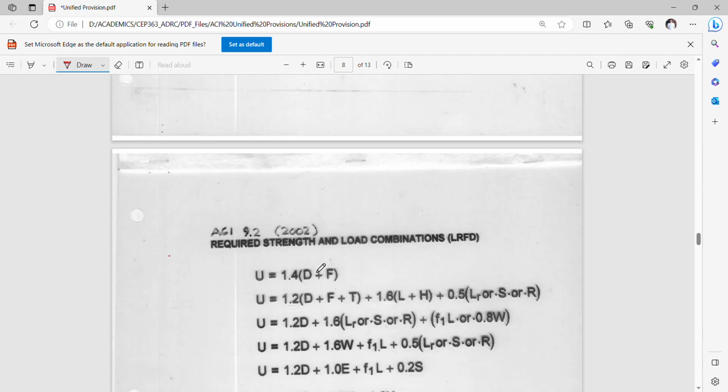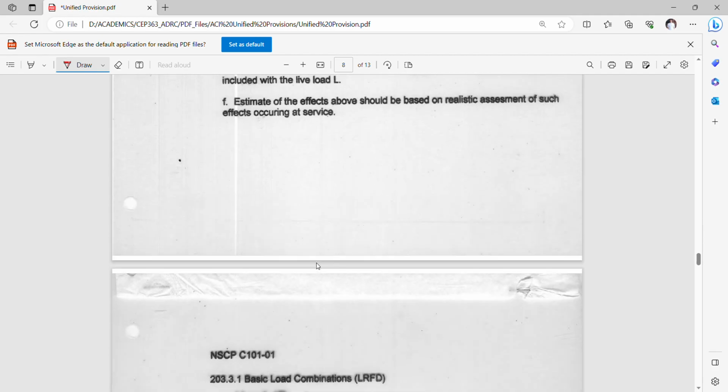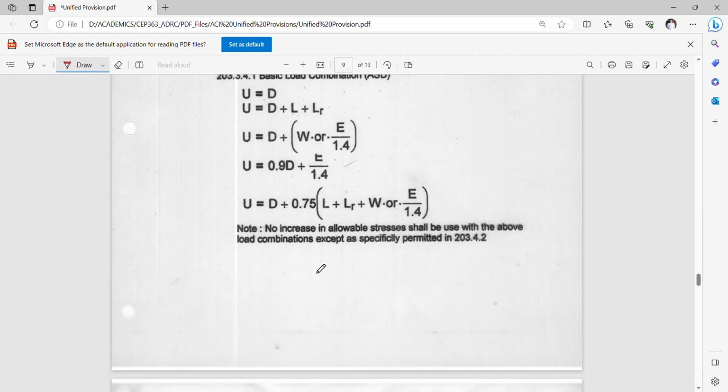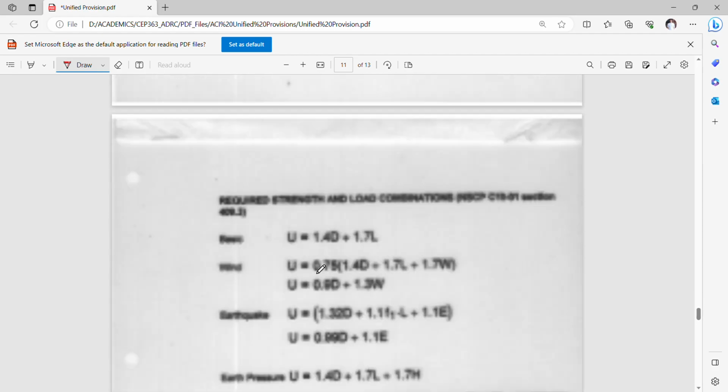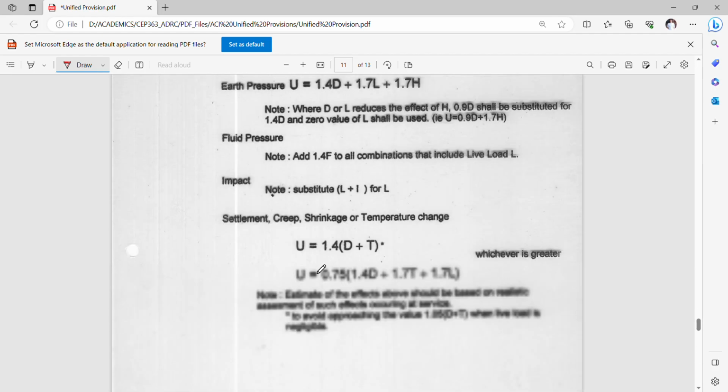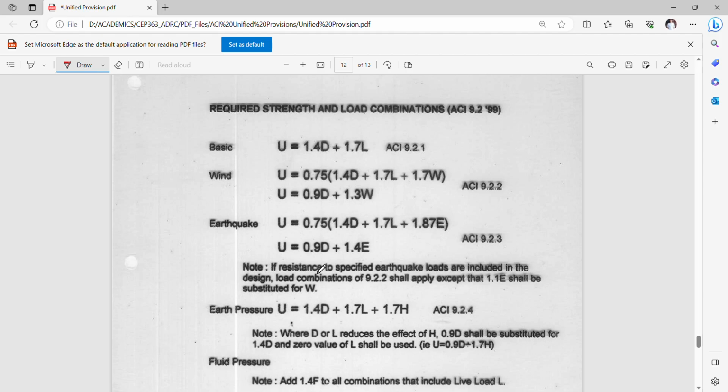Okay. So, for ACI 1999, let's start with ACI 1999 load combinations.